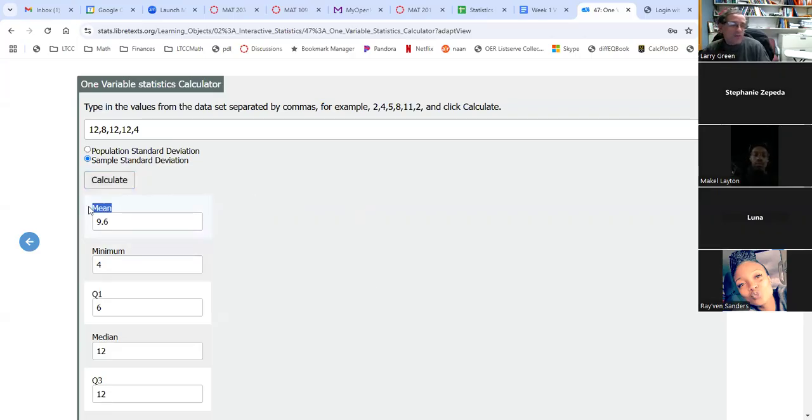First thing, this word mean. When you were say 12 or 13 years old, you used a different word for that. Do you know what word you used? In our class, we're going to use the word mean because that's standard for advanced stuff. You don't know what the other word is that everyone understands?